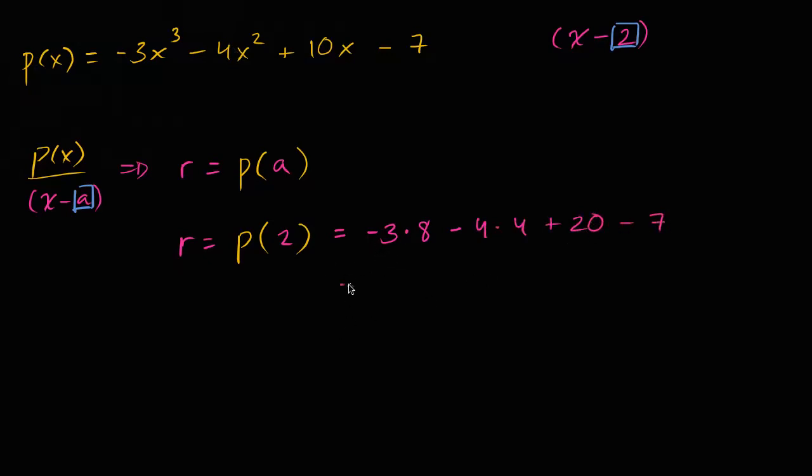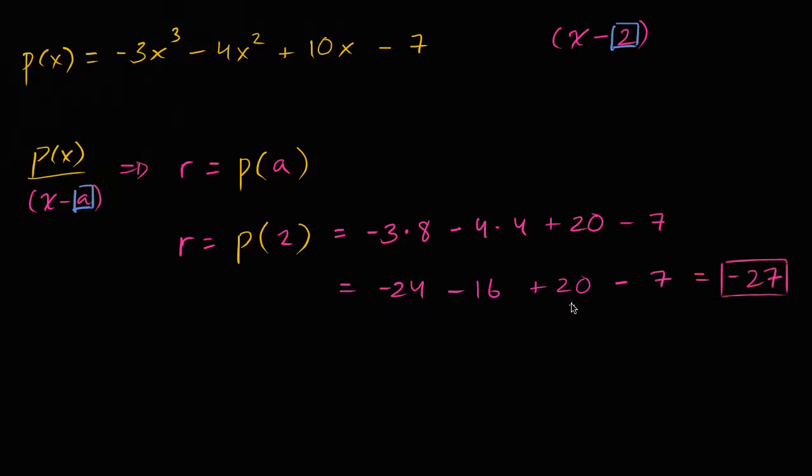So this is negative 24 minus 16 plus 20 minus 7. Negative 24 minus 16 is negative 40. I'm just going step by step. Negative 40 plus 20 is negative 20, minus 7 is negative 27. Negative 27.